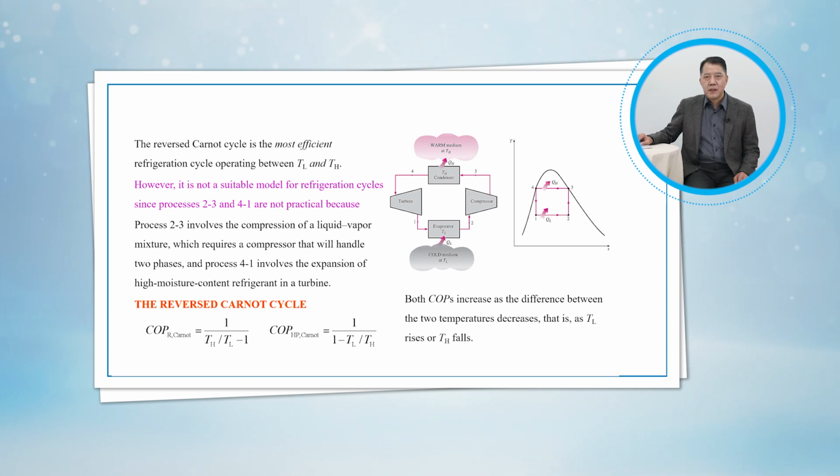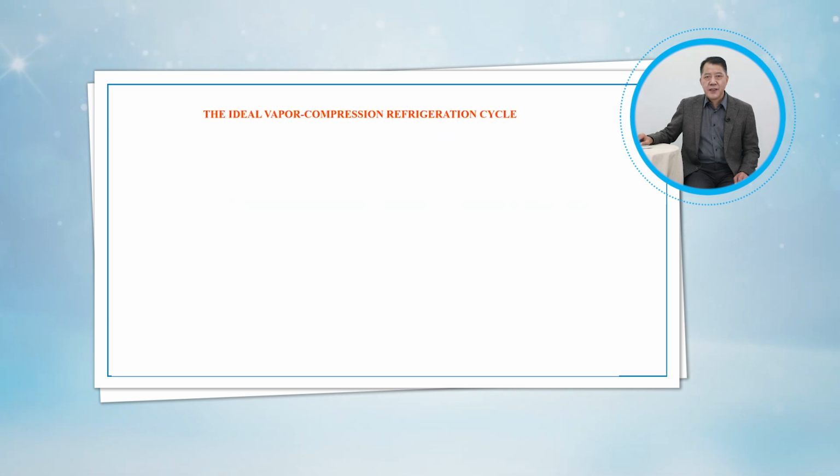Even though the reversed Carnot cycle is not practical, it can serve as a standard against which actual refrigeration cycles are compared. Let's firstly talk about the ideal vapor compression refrigeration cycle.